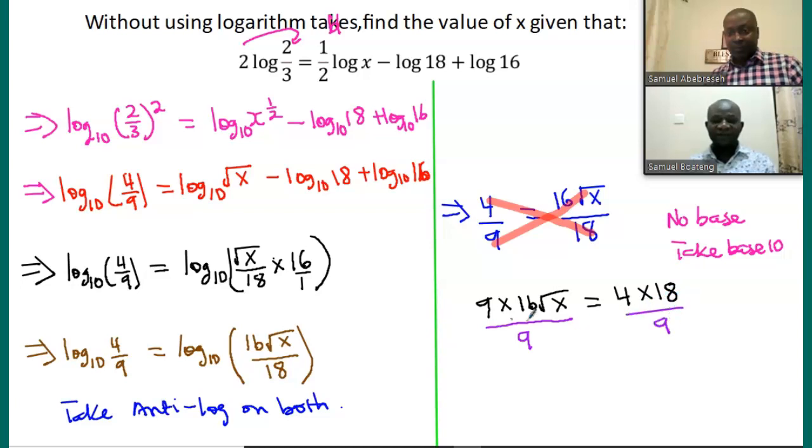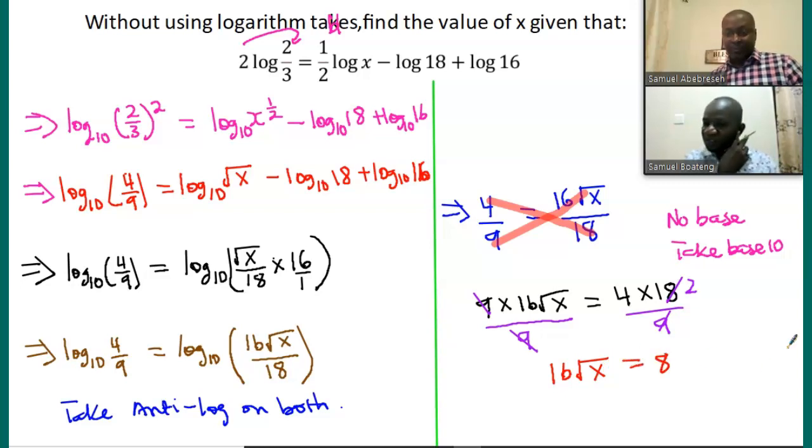Yes, let's divide both sides by 9. So 9 will cancel 9. Then now we'll go into 18 twice. So we have 16 root x, 4 times 2 is 8.